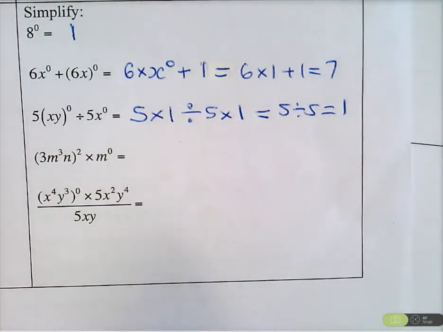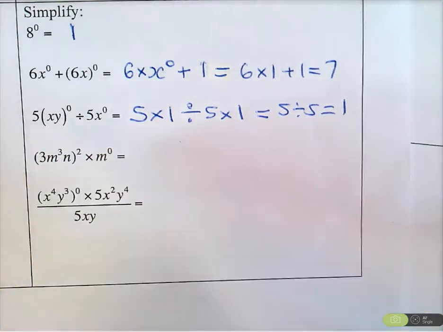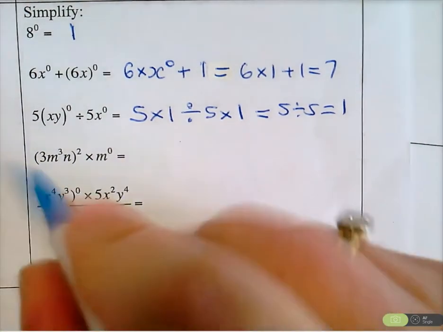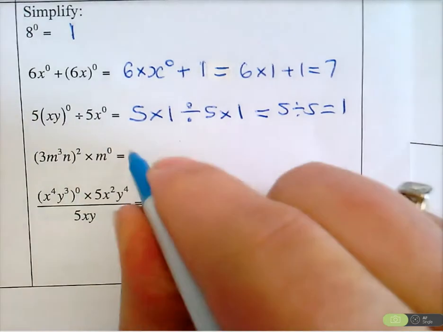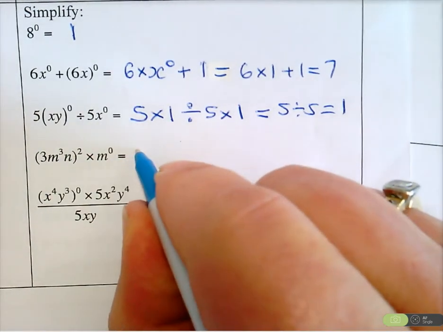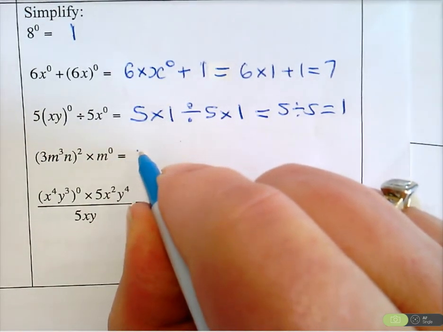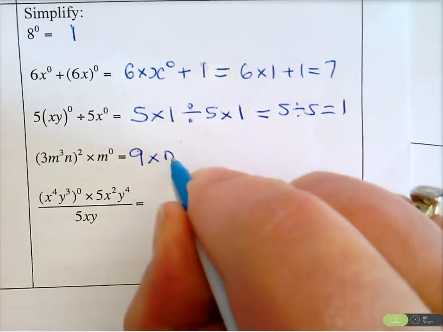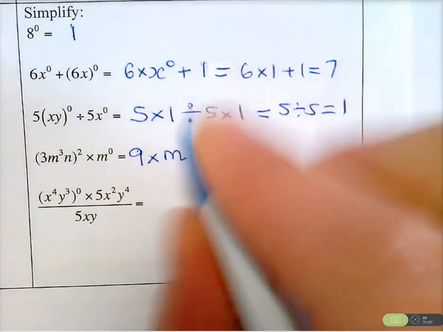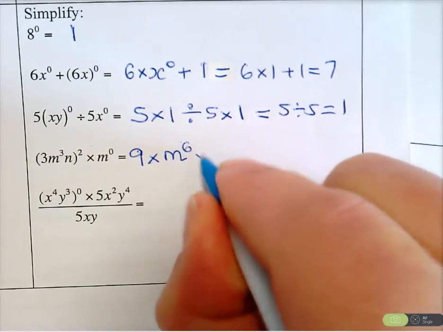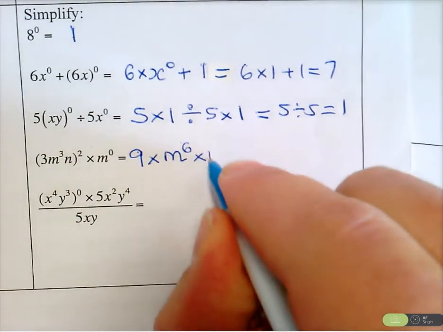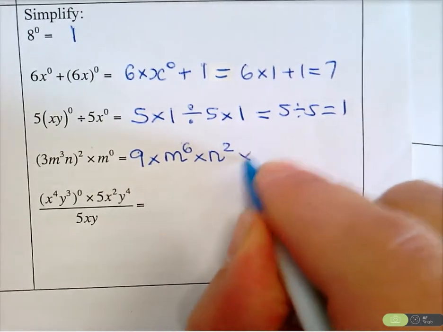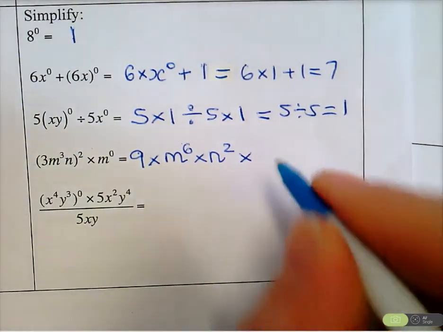The next one. Go. 3 to the power of 2 is what? No, it's 3 squared is 9, times m cubed squared is what? M to the 6, times n squared, times what's m to the 0?